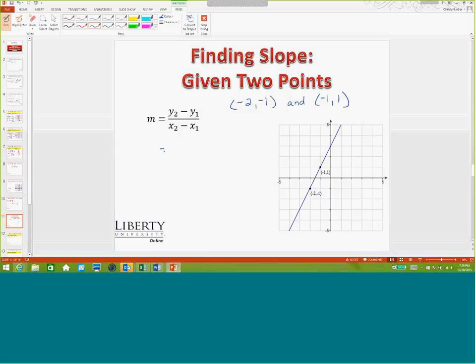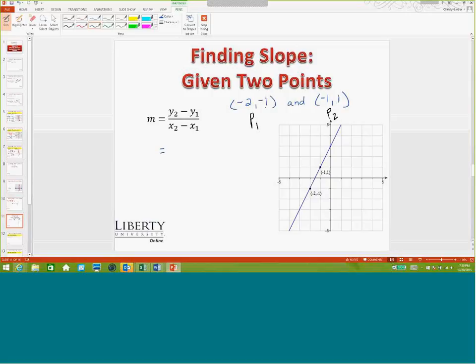And it really doesn't matter which one you call point 1 and point 2, as long as you keep your signs correct. It doesn't matter if you call this one point 1 and this one point 2, or you want to call the first one point 2 and the second one point 1. It really doesn't matter as long as you're consistent. So let's look at this. Let's just leave this as is.